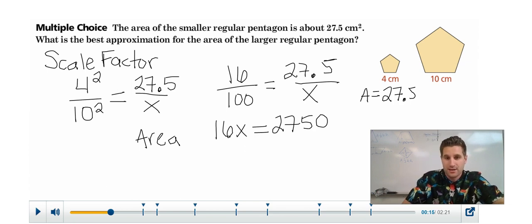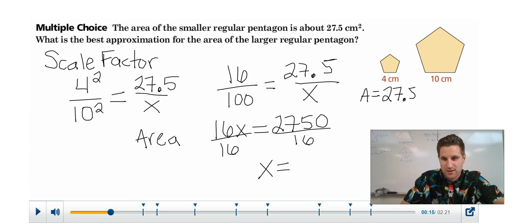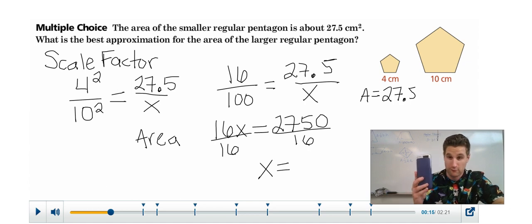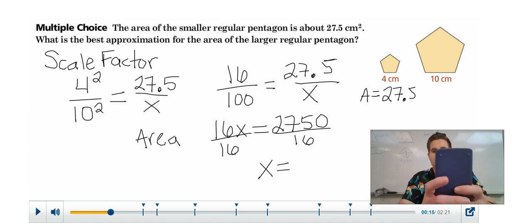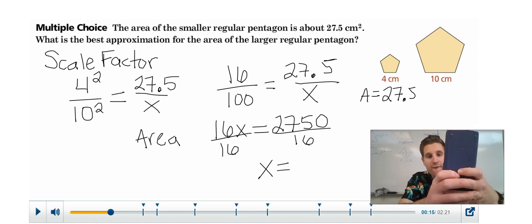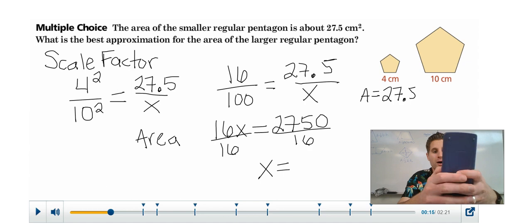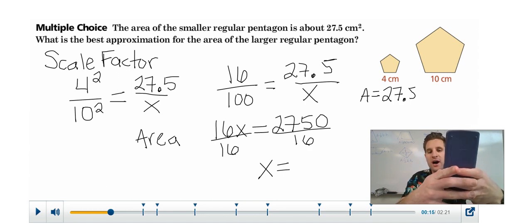Alright, and then we can divide by 16. Now this one, I don't have a fancy way of doing it in my head, so let's just double check it in our calculator, which I have right here. Okay, let's see here. Turn it on. Divide by 16.